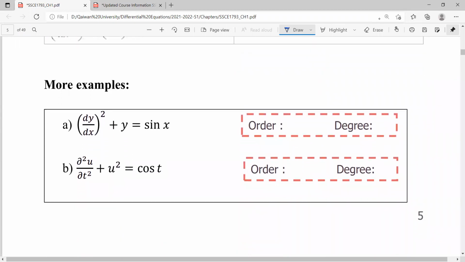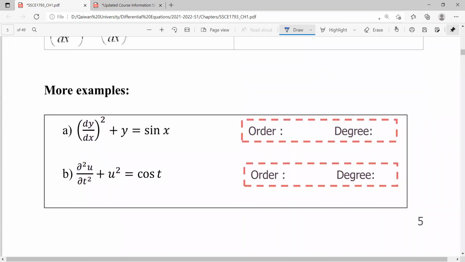And here we have some more examples. In these two examples, we should find the order and degree of these differential equations. The first one is an ordinary differential equation, and the second one is a partial differential equation. You have dy by dx squared plus y equals sine x. Here, the order is the highest derivative. We have only one derivative term, which is dy by dx, and its order is 1.